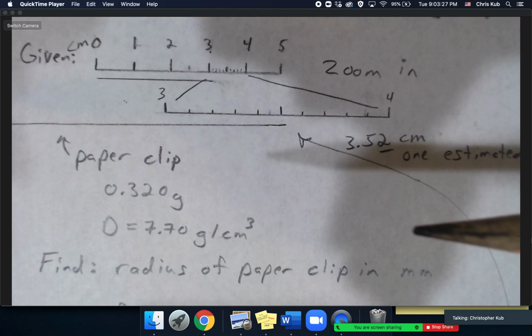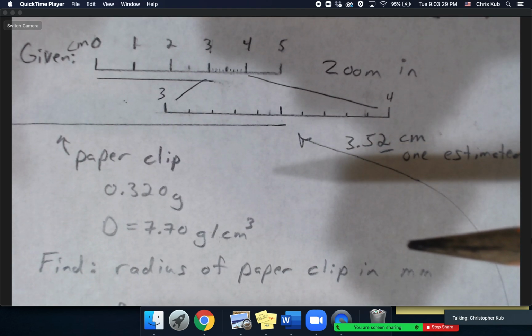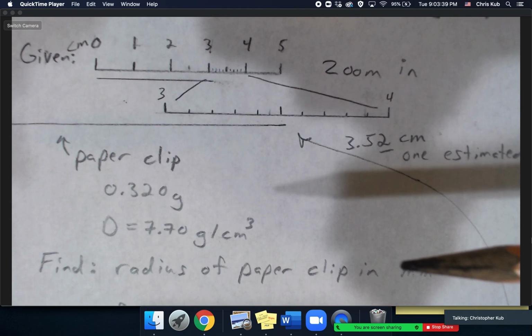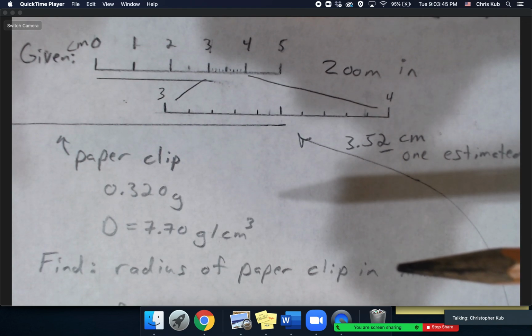Now, you would not want to mark that this is a 3.5 centimeter paper clip because then the reader might assume that it's just somewhere between 3 and 4. You see, when we make a measurement, we will always record one estimated digit.